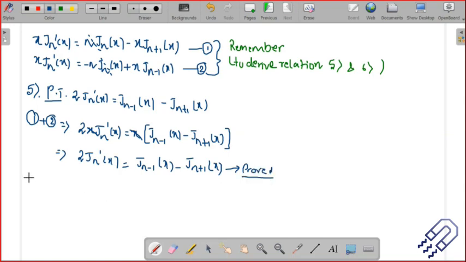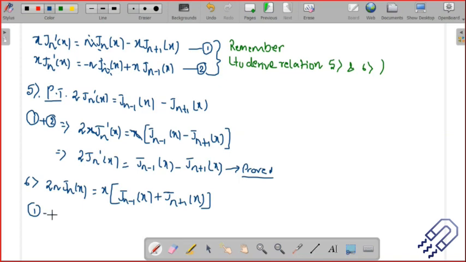In a similar way you can find out the next recurrence relation. Let me just write it down. It is 2n J n x is equal to x times K n minus 1 x plus K n plus 1 x. So that's your last one. Here, obviously, you have to subtract one from the other.